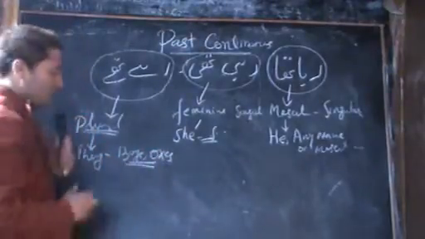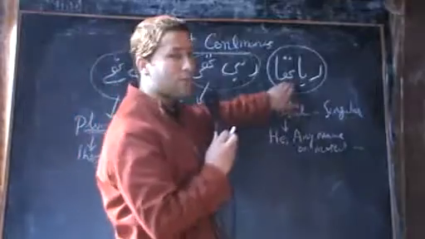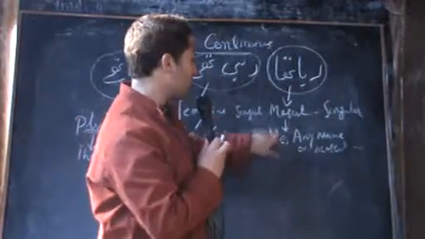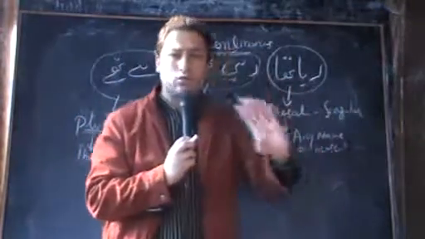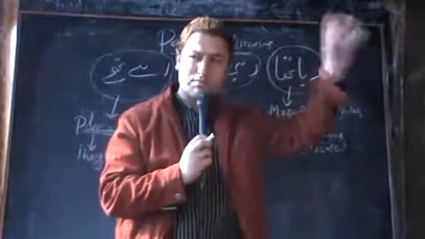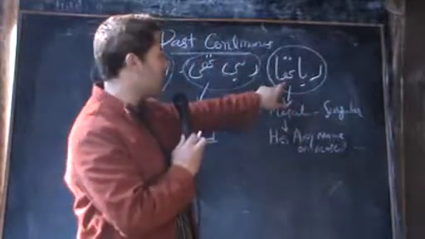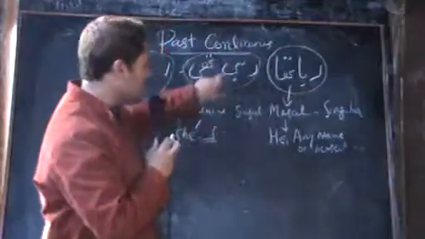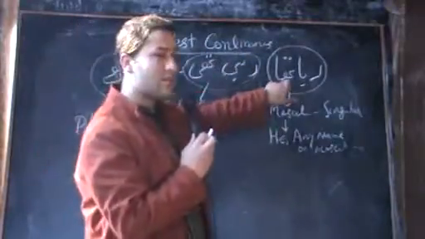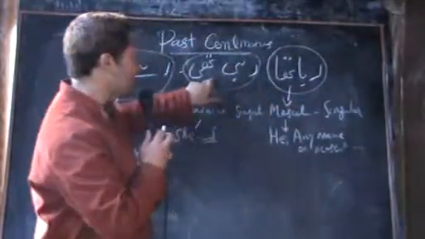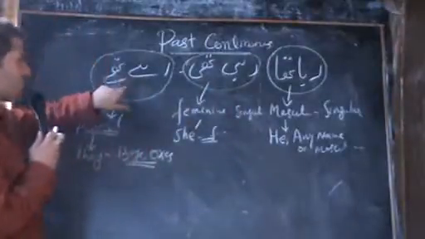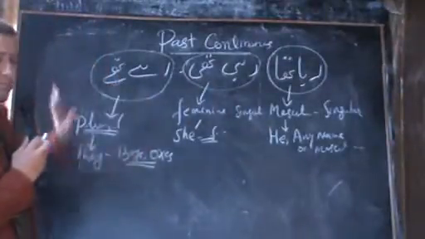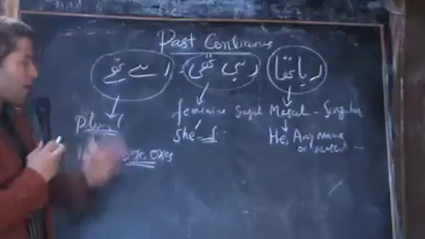These are the examples. When we see such signs, we have to see that these are related to the past, the work done in the past. This one is for the singular, for the masculine, this is for the feminine, and this is for the plural, for both masculine and feminine.